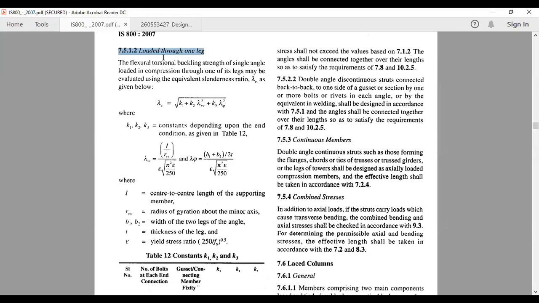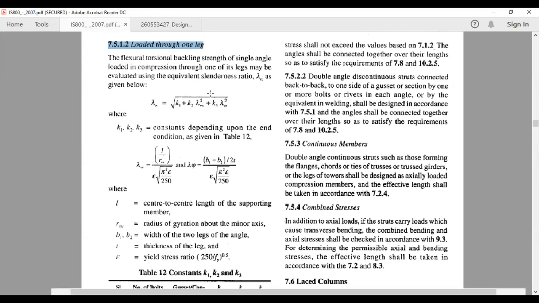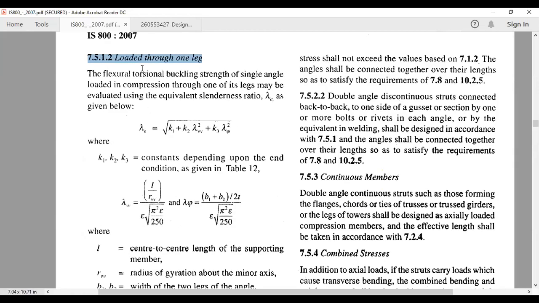So here we will be determining the strength based on angles loaded through one leg. I am saying this for the members inside the truss. All these members, when they are under compression, we'll be considering as angles loaded through one leg only.